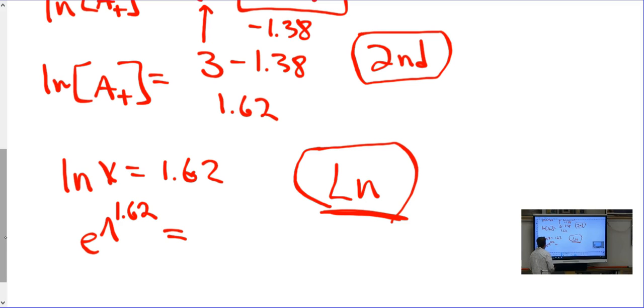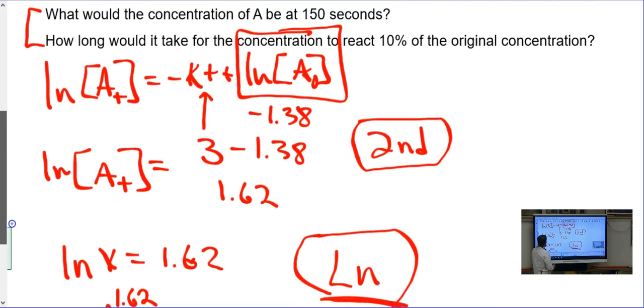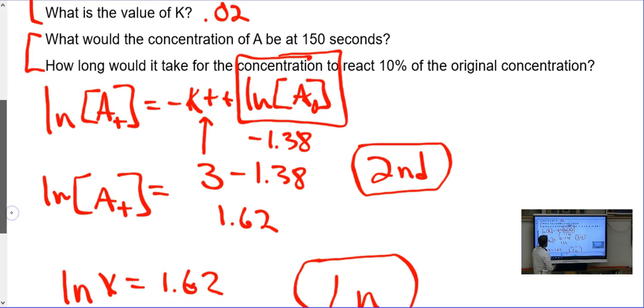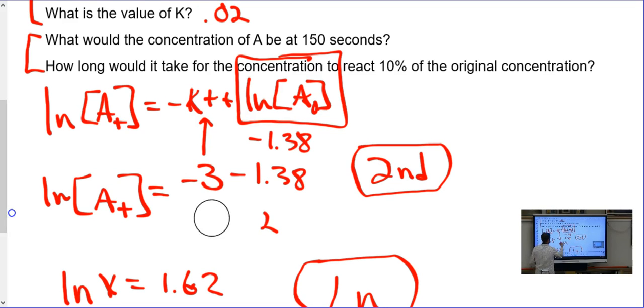Because you're taking negative 1.2 times. Did I not already? I thought I did already count it in. Well, yeah, I couldn't have, so it does have to be negative. All right, so that's negative 4.38.